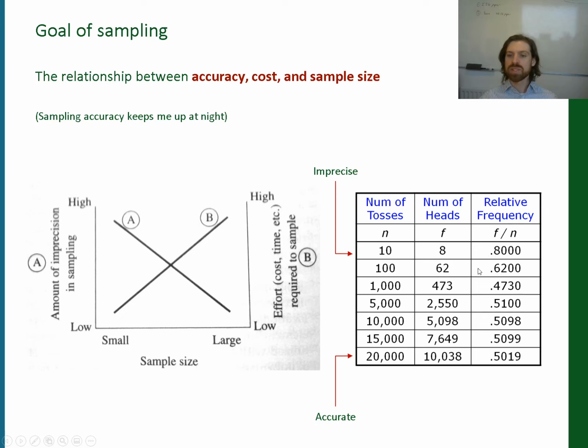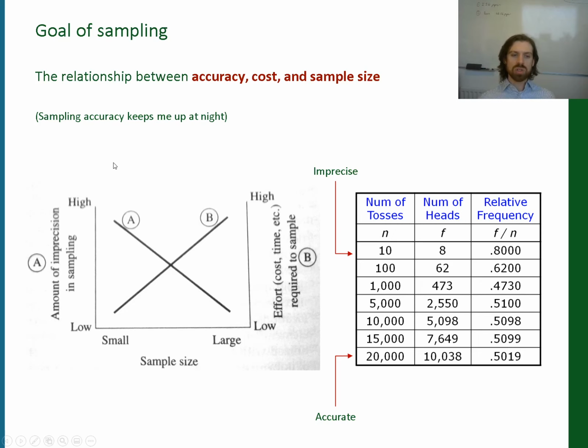And that level of imprecision, as we start to increase the number of trials, gets a lot smaller. We drop from 0.8 to 0.62. And then by the time we go up to 1,000 trials, we're getting very, very close to the 50% margin, the 0.5 relative frequency or 0.5 probability, depending on which way you want to interpret it.